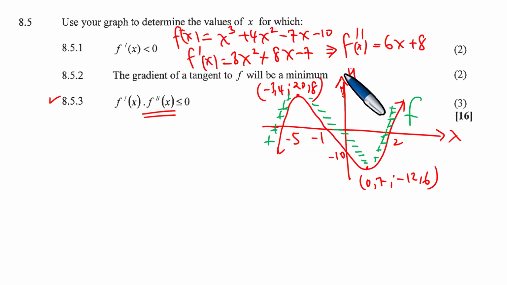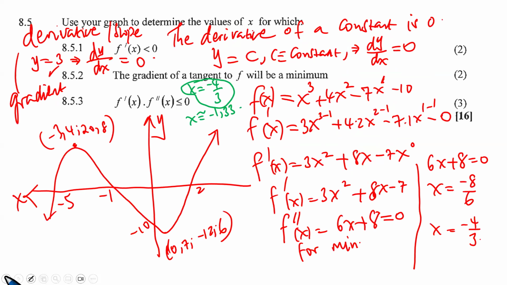Okay. Now, yeah, we can sketch this graph here. Okay, but we've already got this x value, so it is occurring at -1 decimal comma 3 recurring.